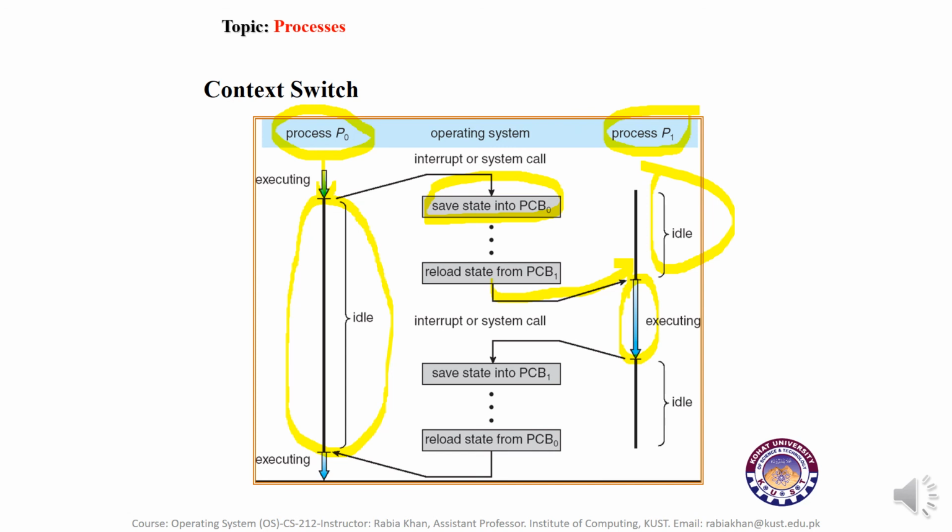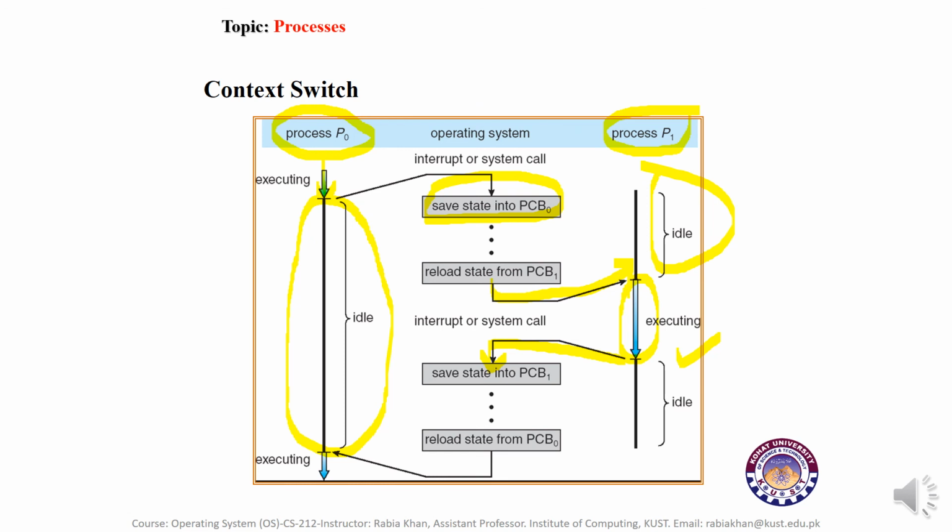Now when it is time to stop P1, for example when its time slice has expired, before assigning the CPU to the next process P0, which is the previous one, the state information is saved in its respective PCB, for example from where it has to continue execution. The address of that instruction is stored in the program counter, which is stored within the PCB.